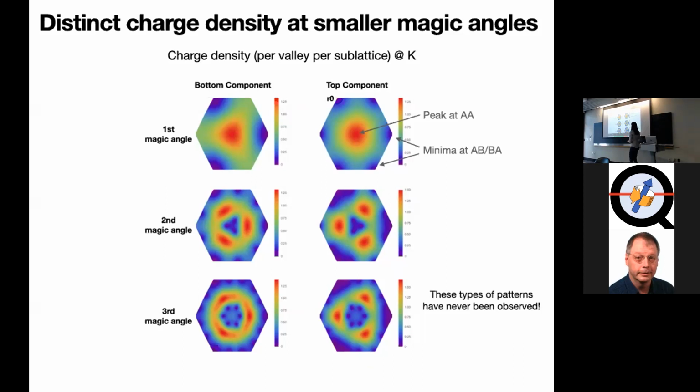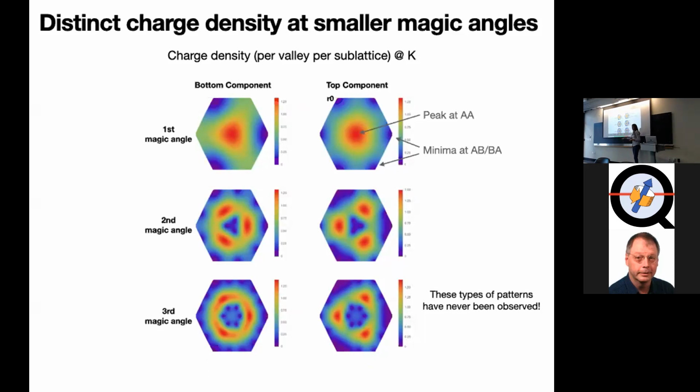What we can understand analytically is that these purples, where purple is small on the energy scale and red is large, are exact zero modes. As you go from first to second to third magic angle, these nodes increase in number, and they always need to increase by 3 because we're looking at the K point, which has a 3-fold rotation symmetry. Because these nodes are accumulating at the center of the unit cell, the charge density gets pushed out.